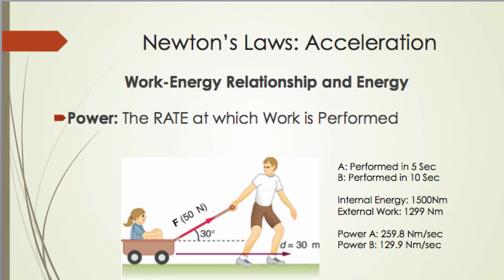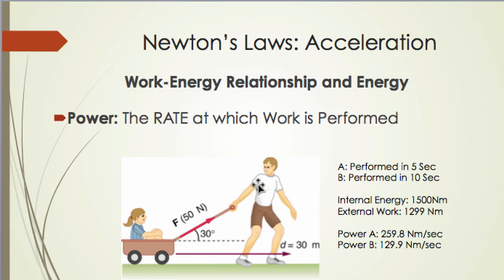All right, so remember we said that in work, there is no parameter of time that we're worried about. So how do we introduce the element of time? We use the term power. Power is the rate at which work is done. So let's go back to our example of this gentleman here.